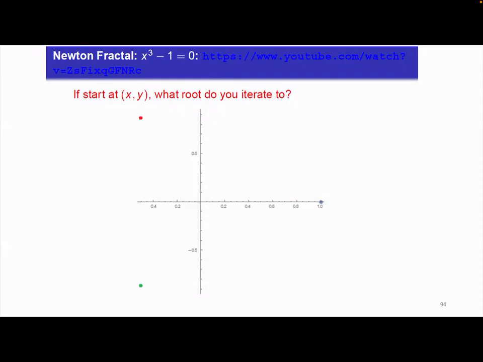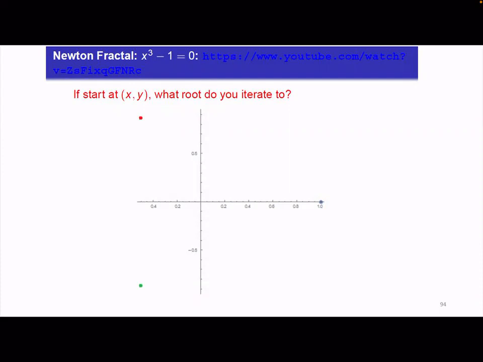You converge to the red if you are negative? Okay, but we do have 2 roots that have negative real part, the green and the red.